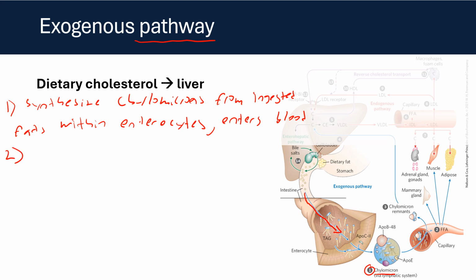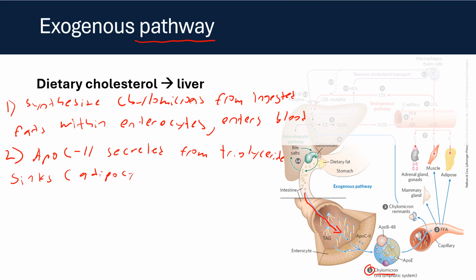Step two is where new things are going to happen. The apolipoprotein ApoC2 is secreted from triglyceride sinks, namely, but not always, adipocytes.